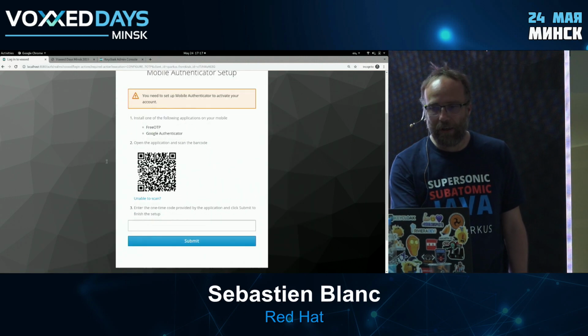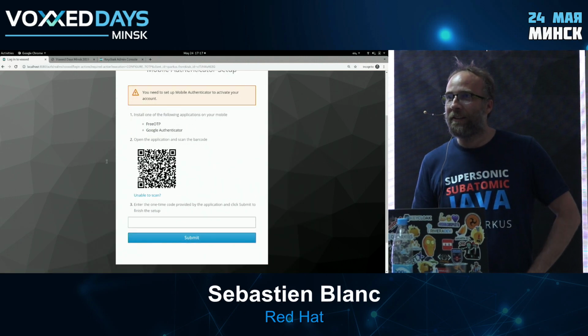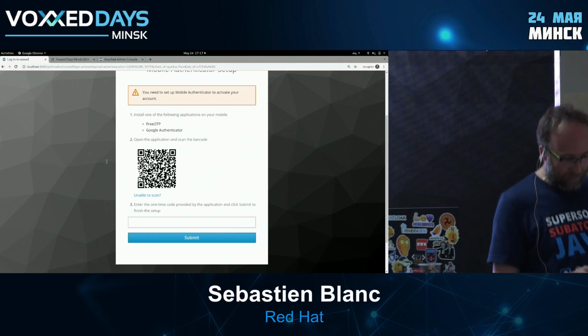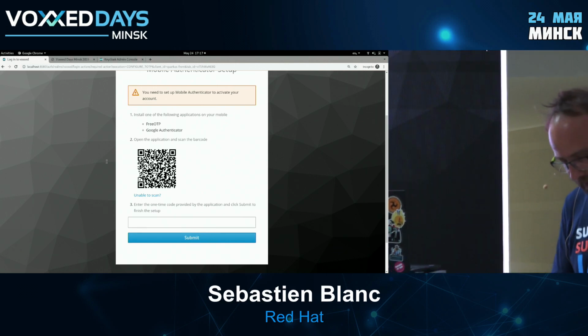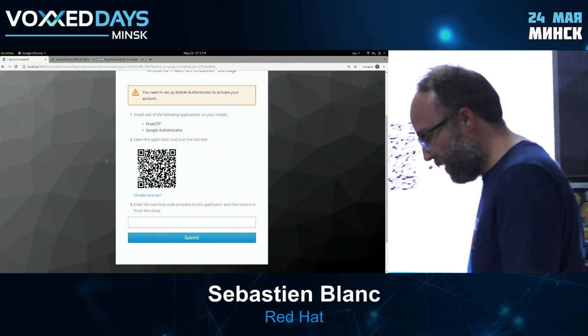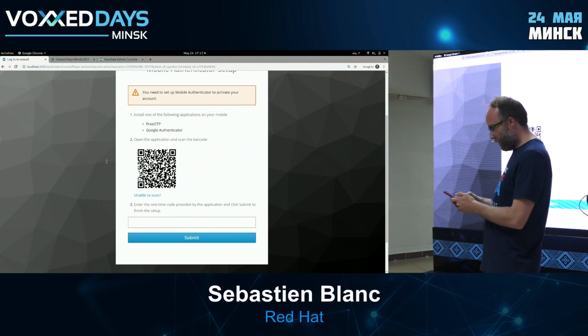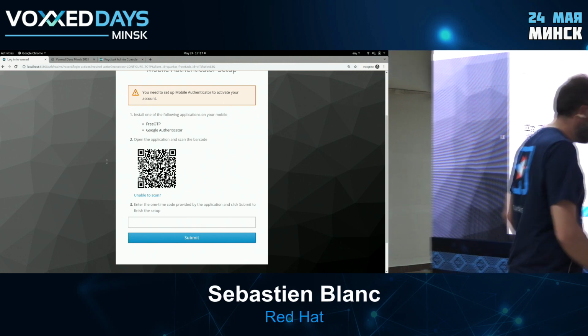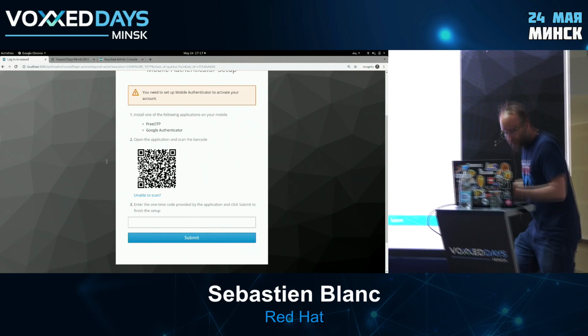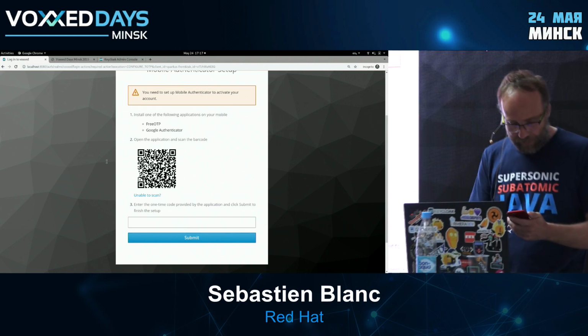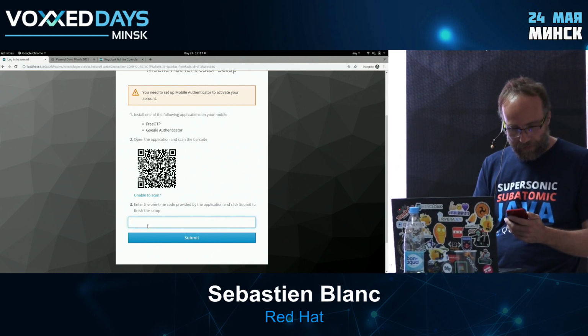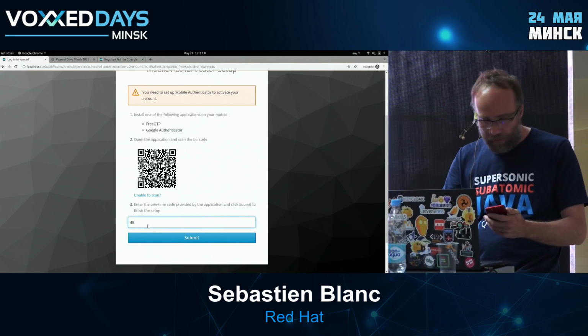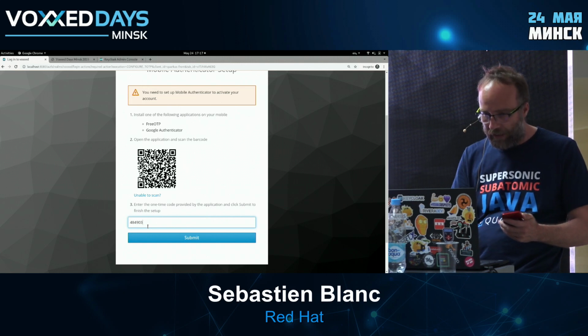Hey, now I need to scan my QR code. So I think I have a QR. Yeah, I have Google Authenticator here. I want to scan a new barcode. Okay, here we go. And now I have a code: 34903.